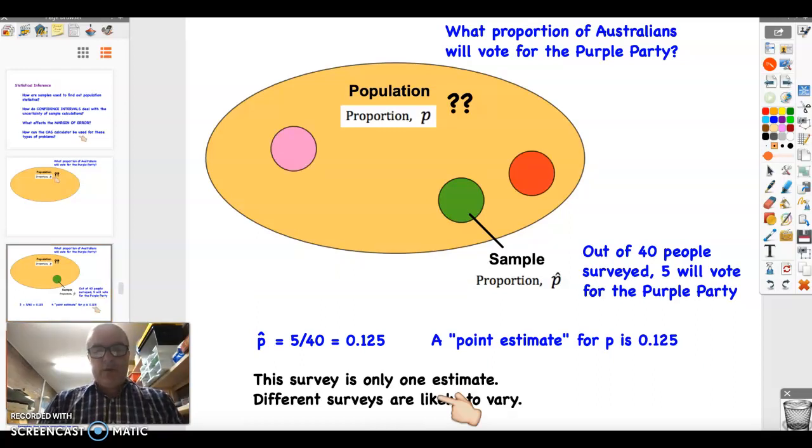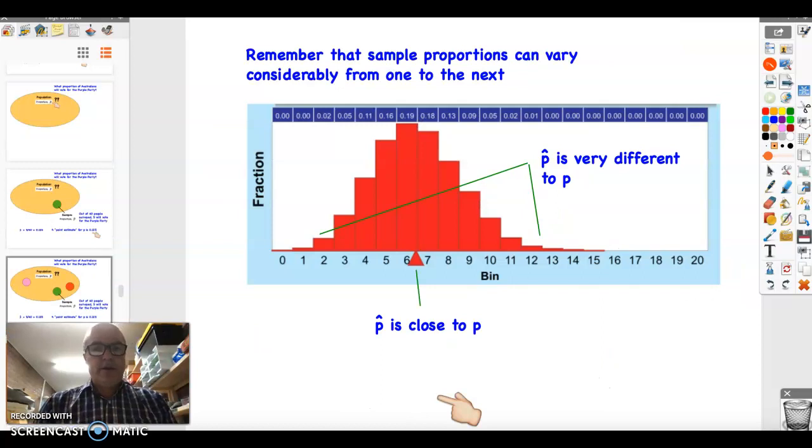This survey is only one estimate, and other surveys are going to vary somewhat from one to the next. We've already seen previously, you might remember this diagram that shows us how it pans out when we take a lot of samples.